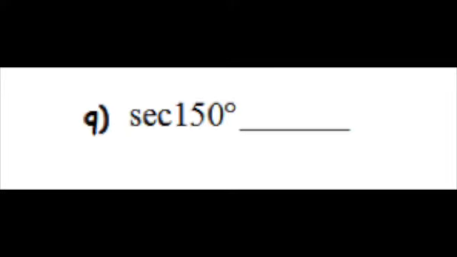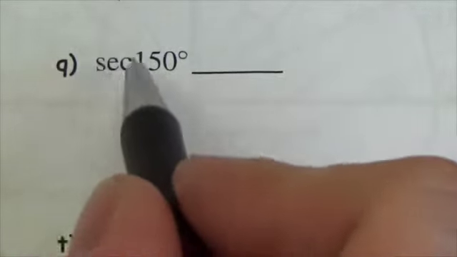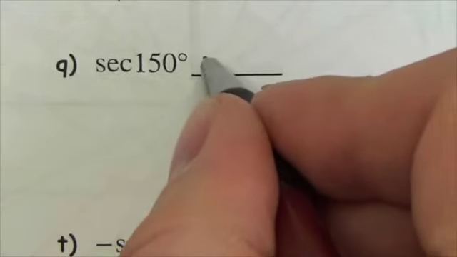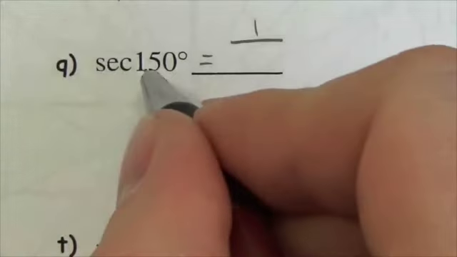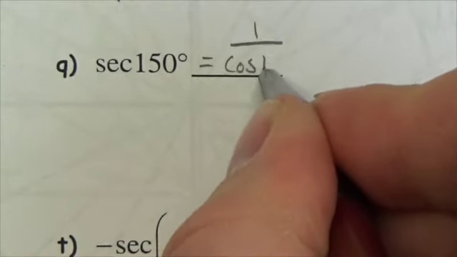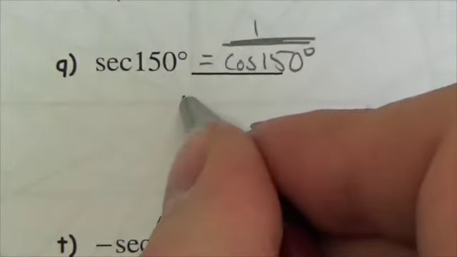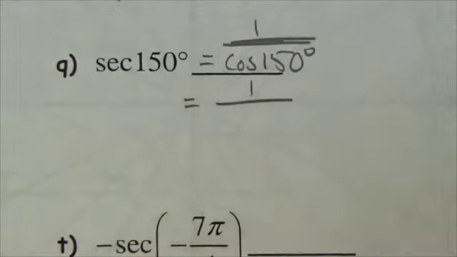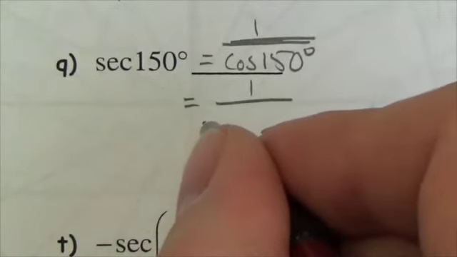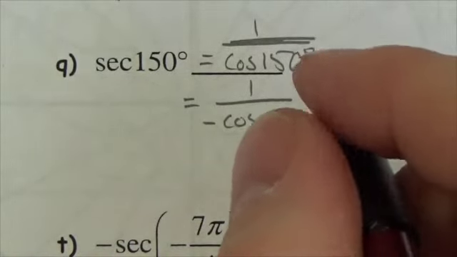The secant of 150 degrees. Now we're taking a step in a different direction. Now we're going to take a look at the secant. The way to do this one, honestly, is just to look at the reciprocal. Secant of 150, let's just take a look at the cosine of 150, but understand that this is reciprocated. 150 is in quadrant 2, so I know this is going to be equal to the negative cosine of, well, what's the reference angle for 150?